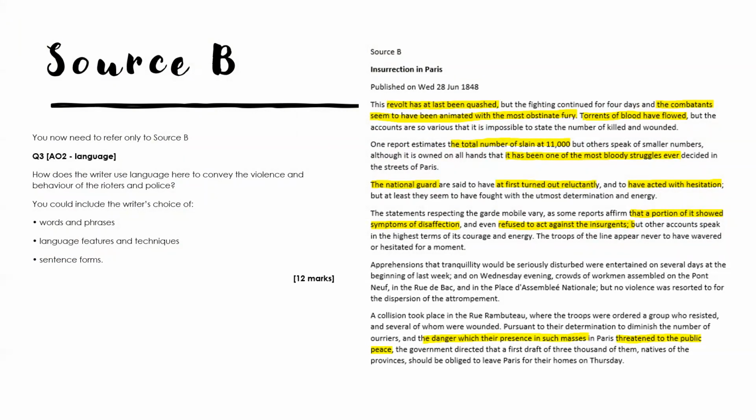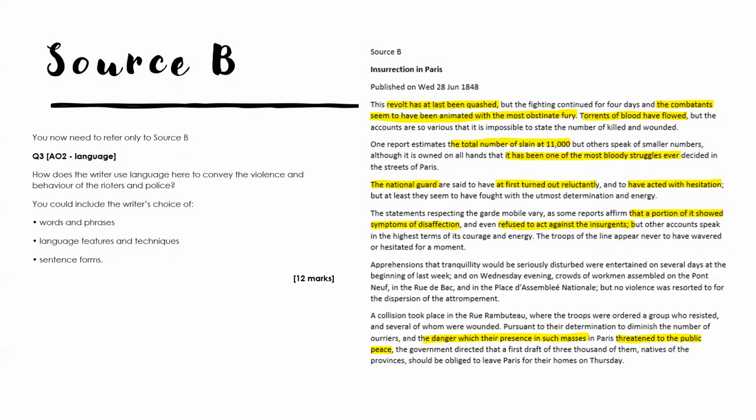So we almost get the impression that the civilians or the rioters are at war with the police, making them seem like the enemy. And then we've got the phrase obstinate fury, a fury that is almost objectionable, and something they really shouldn't be feeling. So they're very much being portrayed as the enemy, even in these first couple of examples.